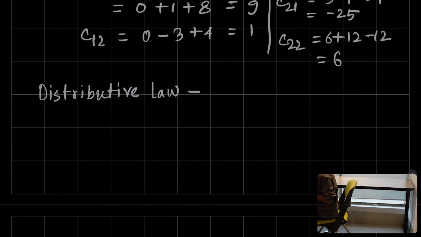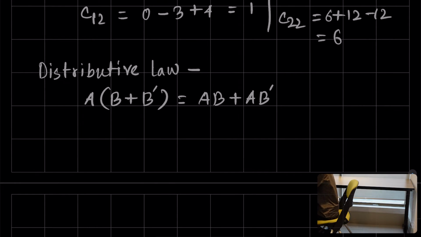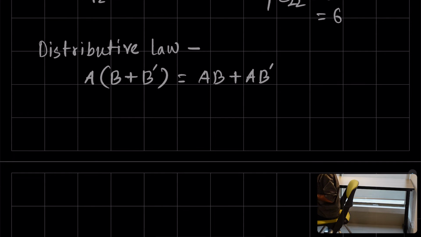The distributive law is defined like A times the matrix B plus B prime equals AB plus AB prime. One thing that I didn't mention is that I'm taking the multiplication to be possible between A and B and A and B prime, so the sizes satisfy matrix multiplication.